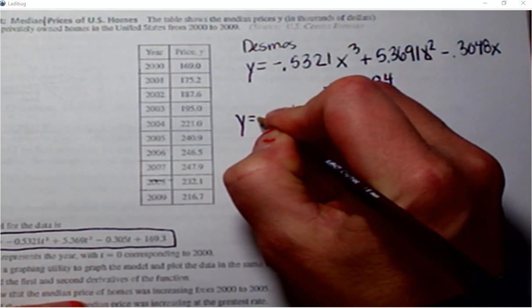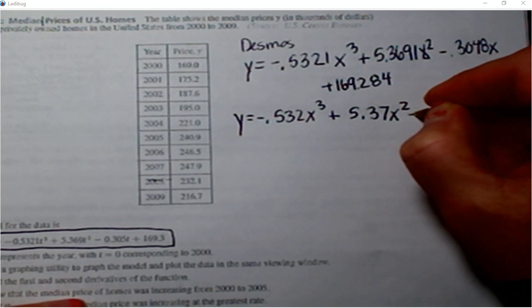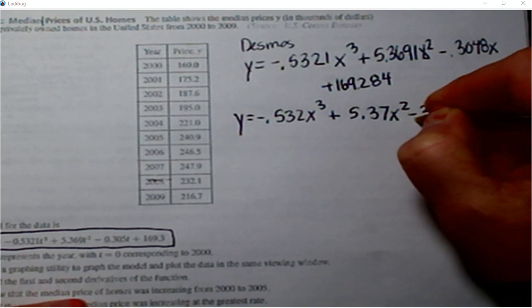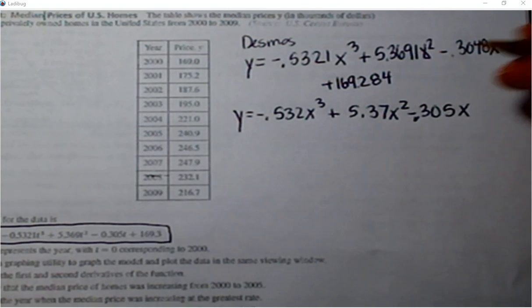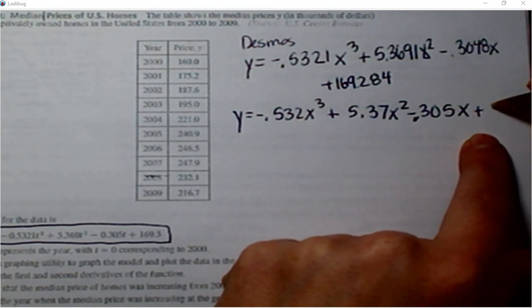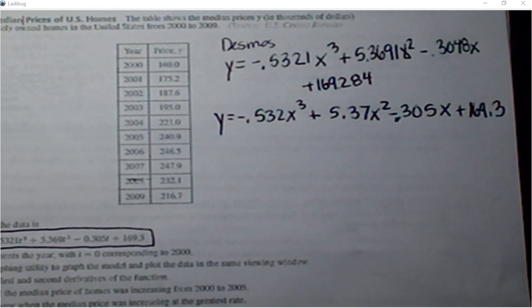So maybe I'm going to go back and I'm going to adjust. 532x cubed seems reasonable. Plus 5.37x squared, okay? Minus 0.305x. And then plus 169.3. That seems reasonable. You pick what you want to round to.